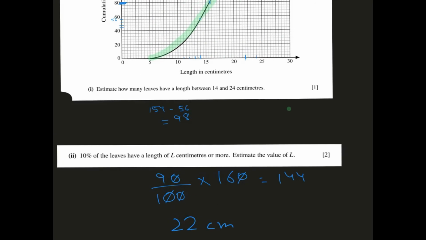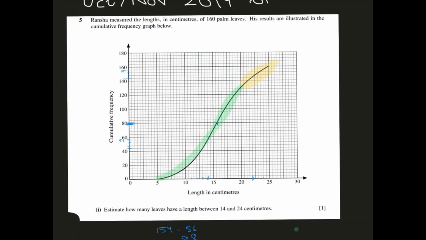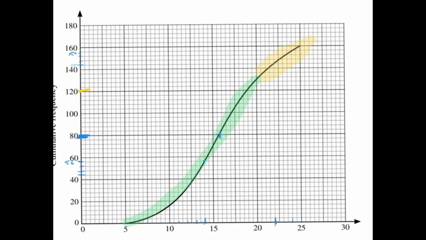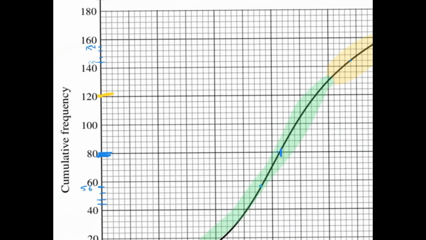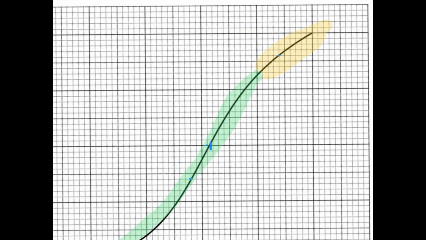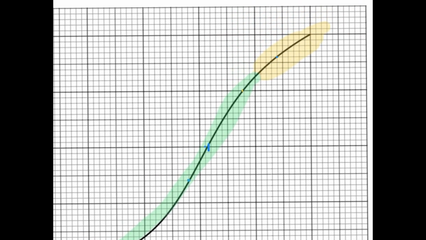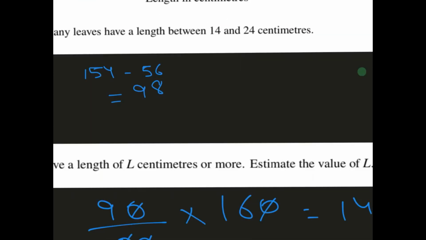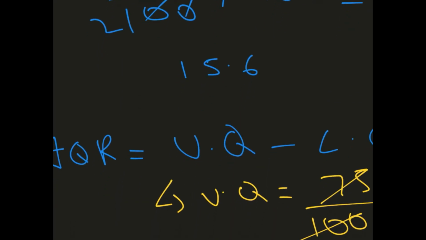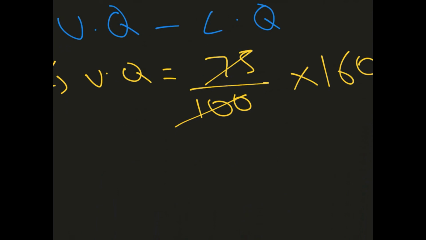So we'll find out the value at 120. So this is 120. Let's look at the value at this. This is a little less than 19. So this must be 18.8, let's just say. So for the upper quartile, our value is 18.8 centimeters.